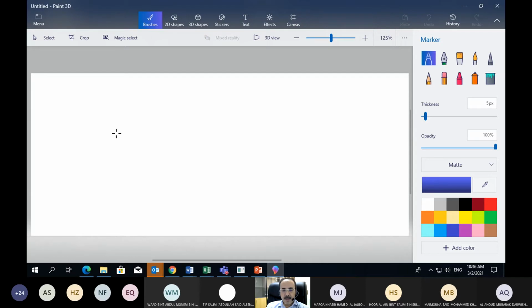Again, I need to break down that process into the different work elements that make up that activity.